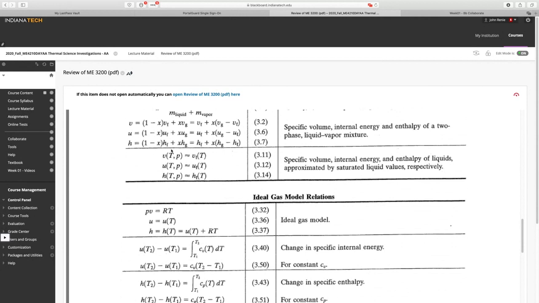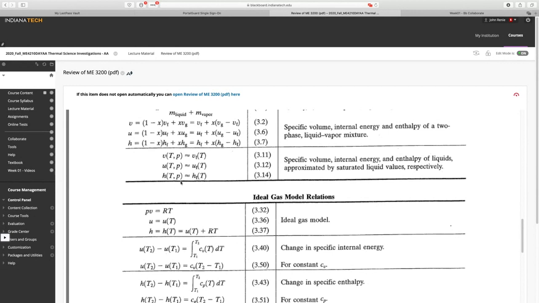When we are in the liquid phase, and the pressure is above the saturation pressure, which means it's forced into the liquid phase, we can say to a fairly good approximation that the liquid properties are only a function of the saturation temperature, that temperature at the saturation point.